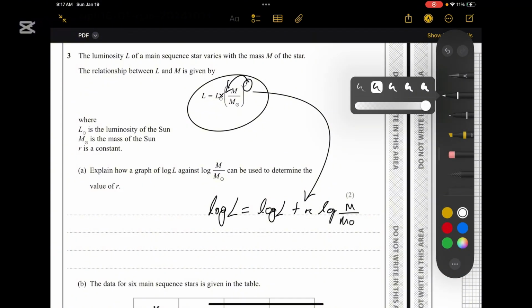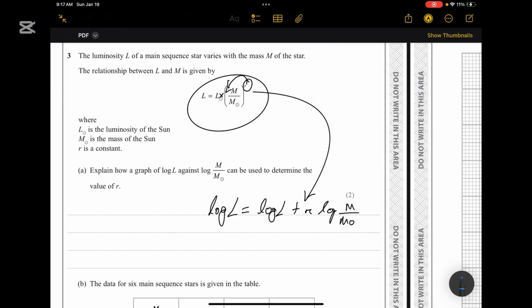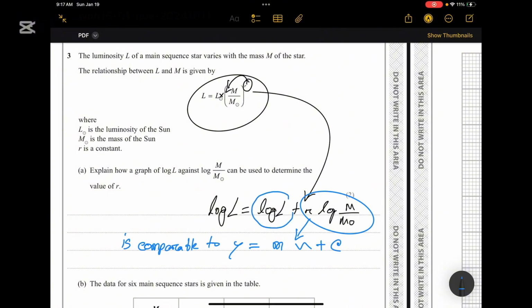Now we know this is comparable to y is equal to mx plus c. Here this is our mx and this is our y-intercept.